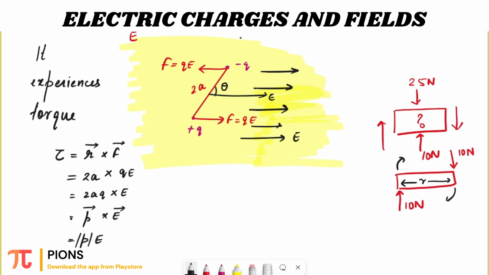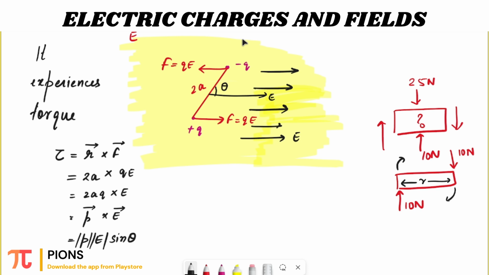I can put here two magnitude signs, and here it is sine of angle theta, where theta is the angle between the electric field and the direction of the length of the dipole. Great. So sir, what happens if theta becomes 0 degree?